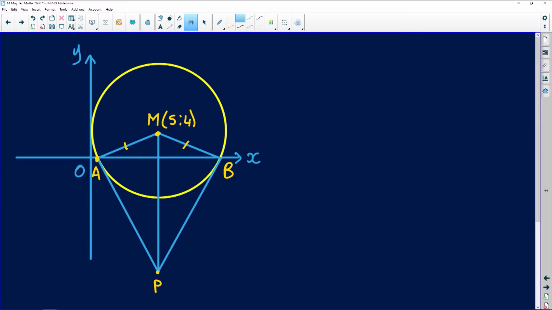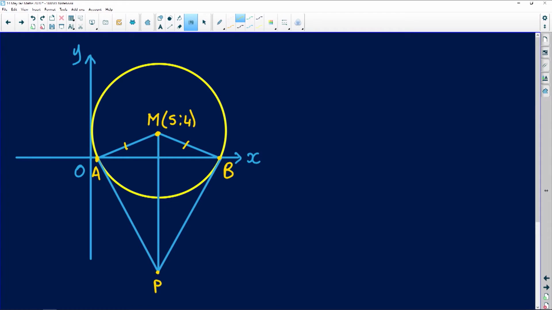Okay, let's read on. The circle has that center and radii AM and MB, which cut the x-axis at A and B. So that radius cuts there, that radius cuts there. Hopefully, now folks, please, before I read on, you cannot assume that things are if we didn't tell you that they are.